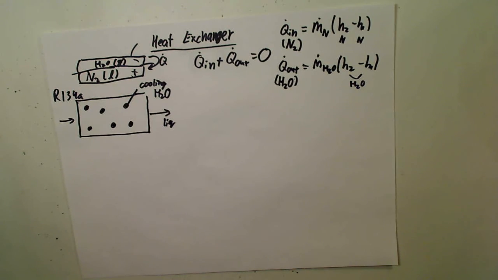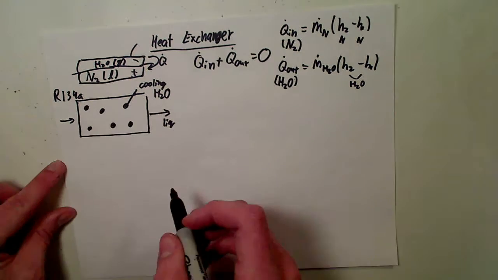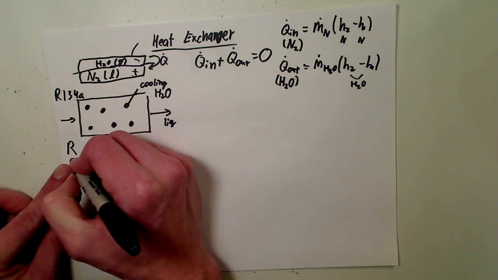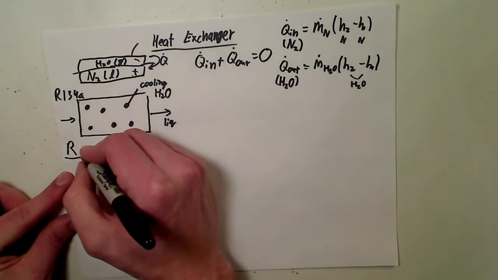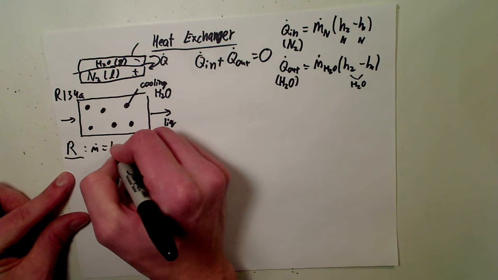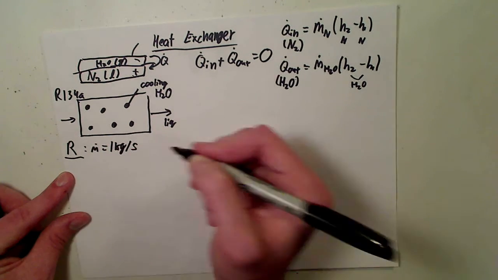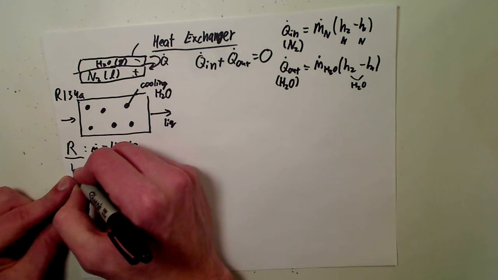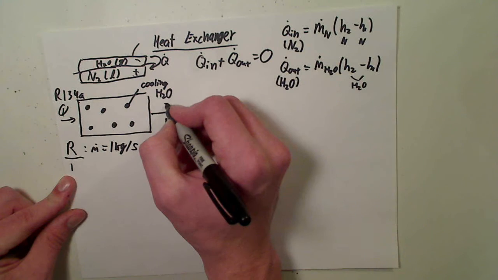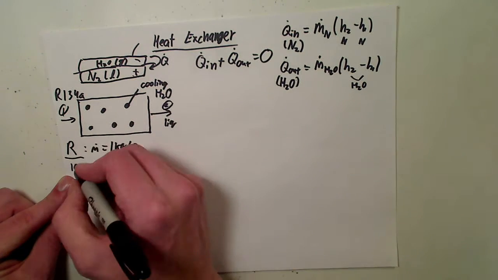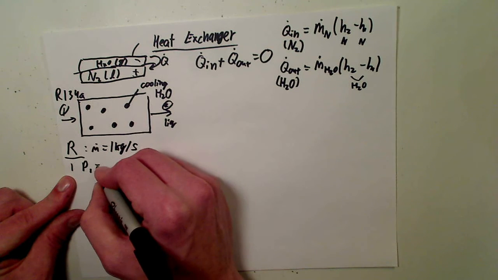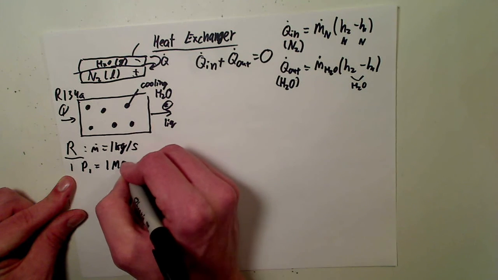So let's see. We have to give you a few knowns. For the refrigerant, we know that it has a mass flow rate of 1 kilogram per second. We know that at state 1, as it comes in, it has a pressure of 1 megapascal.